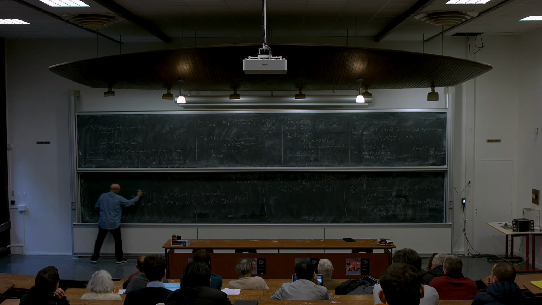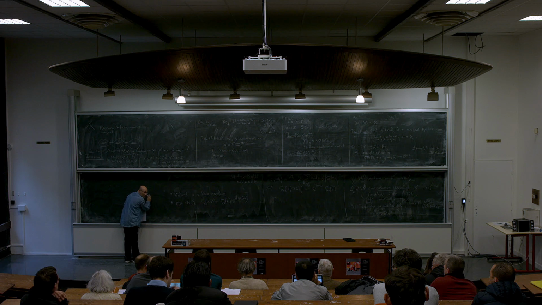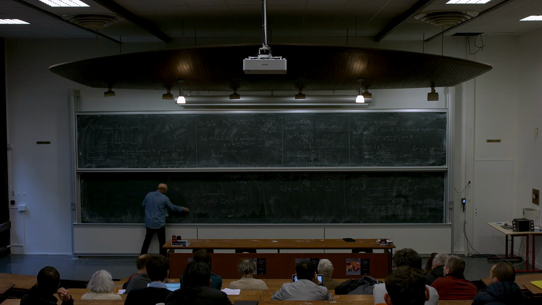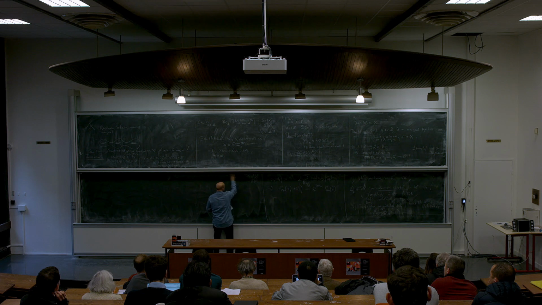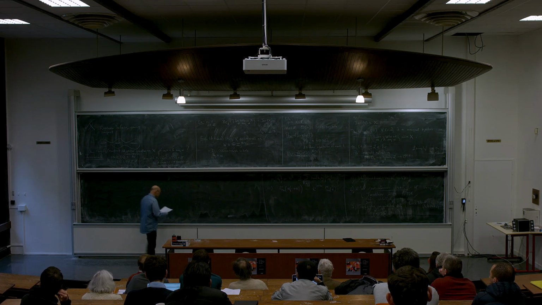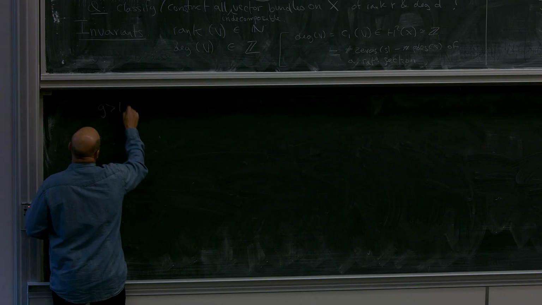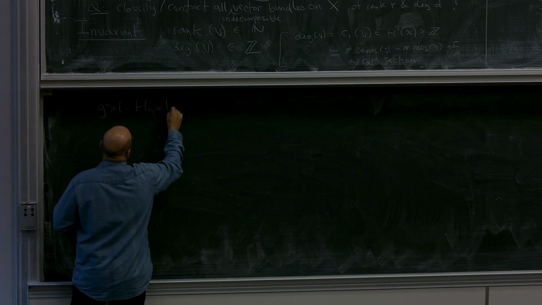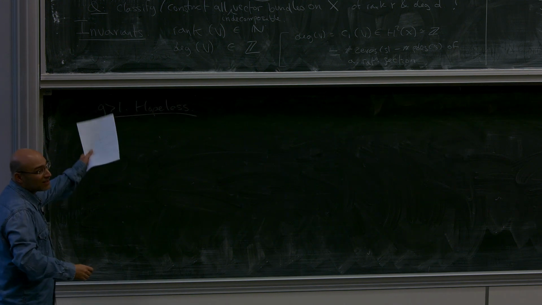And so certainly, there is no hope of getting any classification of vector bundles on higher genus Riemann surfaces. I think Tyurin was able to do something in genus 2 and rank 2. But certainly, it's really hopeless. Let me just say g greater than 1. Hopeless to get results as nice.